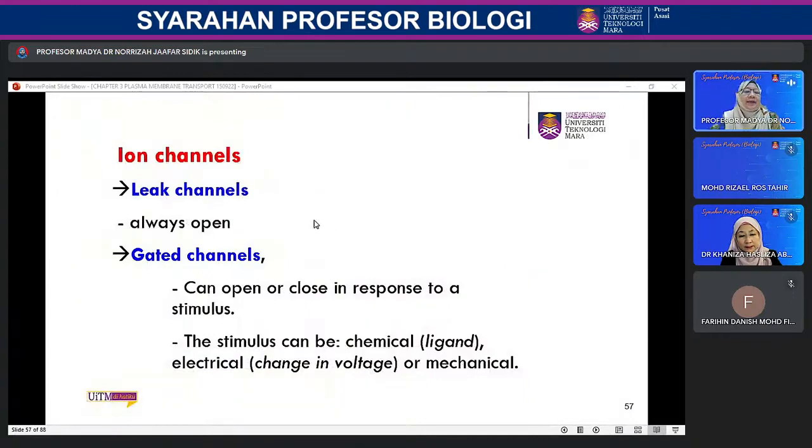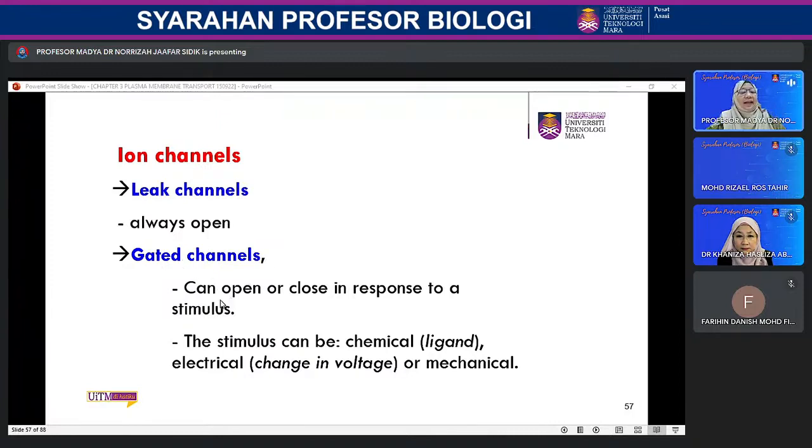Okay, now we look at these ion channels. We can categorize the ion channels into two. One is leak channels, where these channels are always open all the time, whereas the other channels we call gated channels, right?